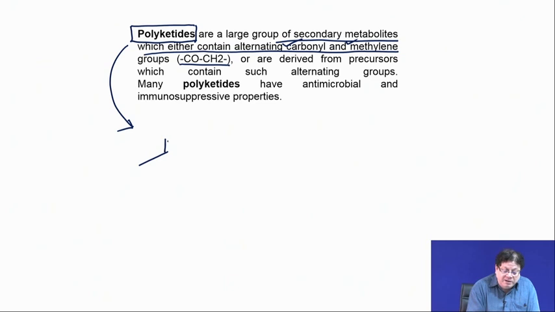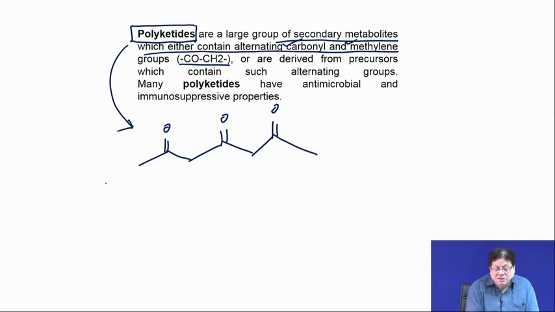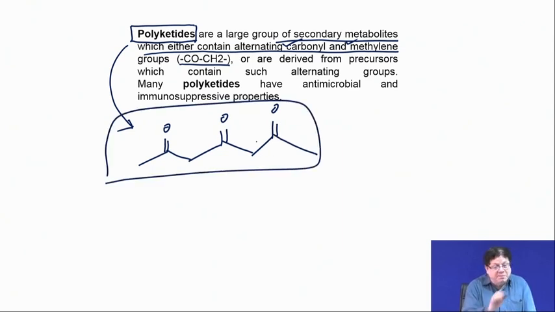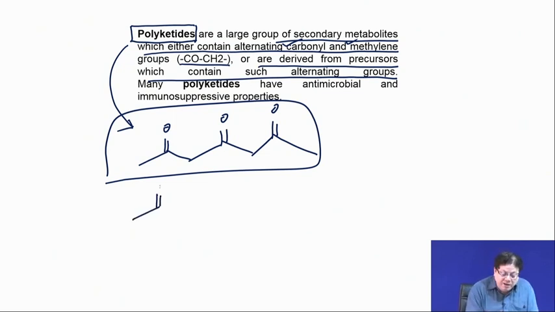If I write this CO, then CH2, then CO, then CH2, then CO, like this, so this is a polyketide. Or they are derived from precursors which contain such alternating groups. Like some secondary metabolite may be like this.